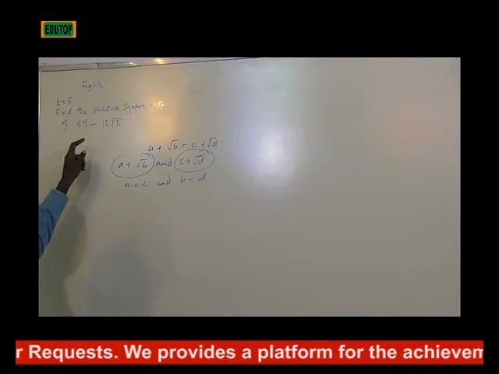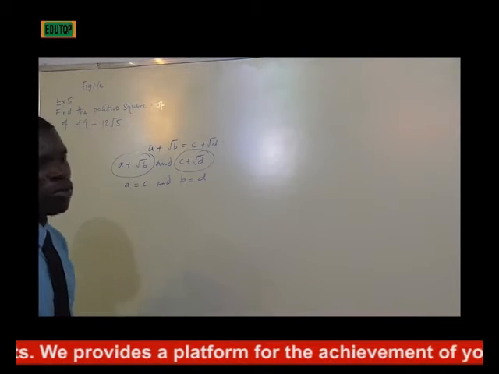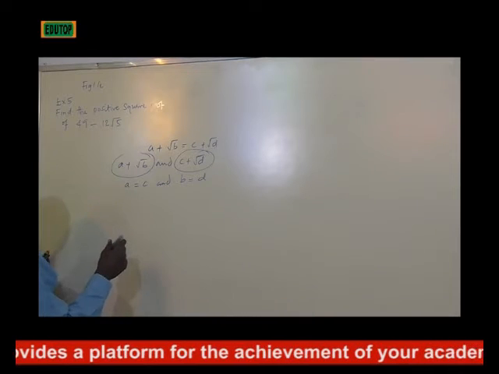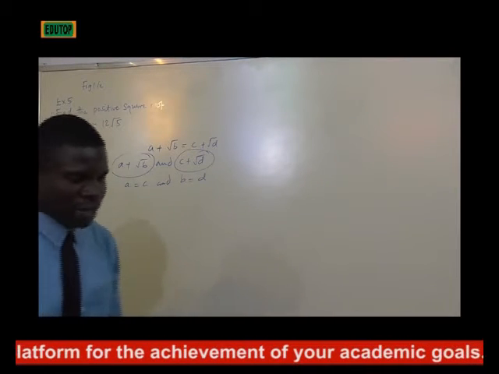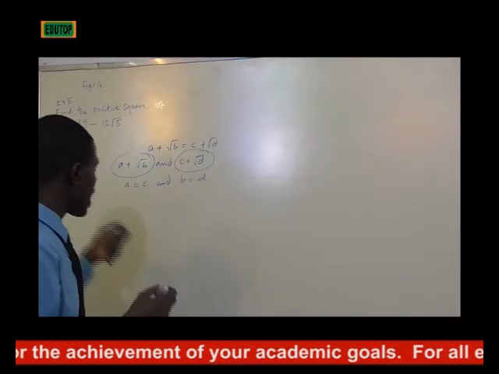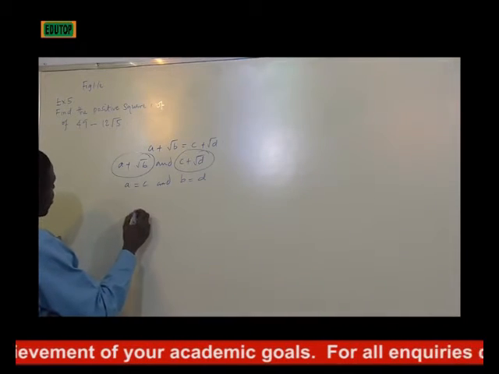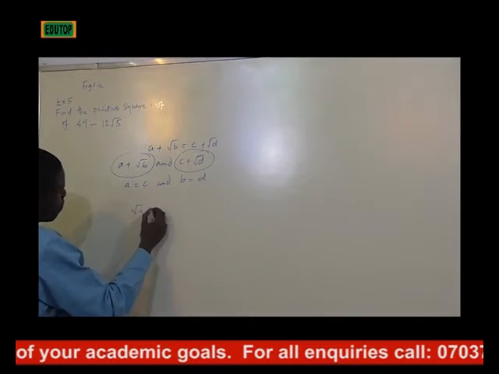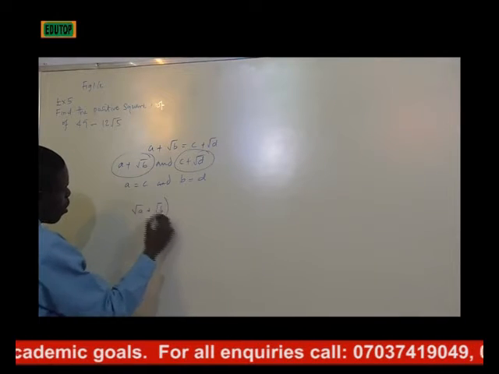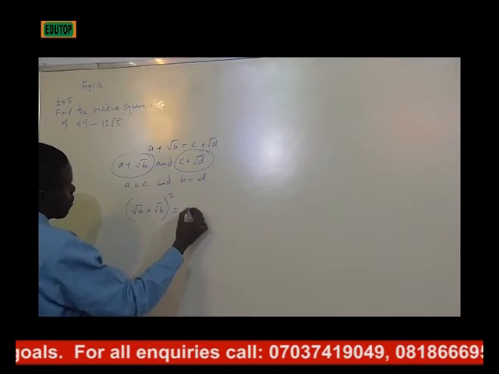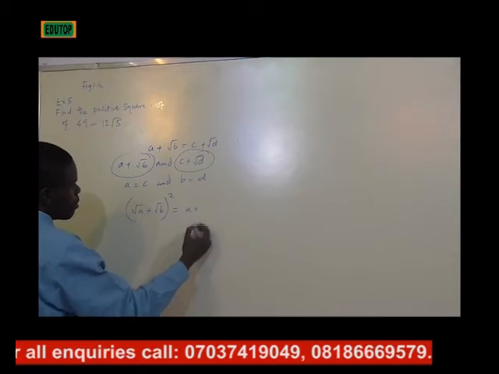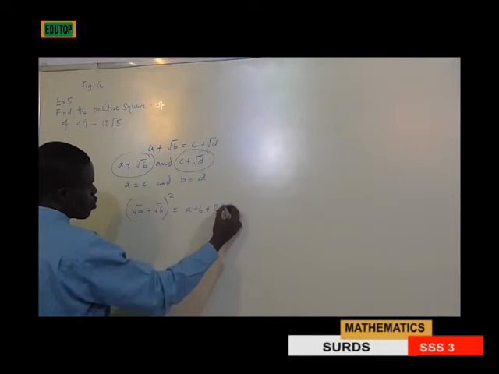So if you are asked to find the positive square root of this, we must understand that we have two scenarios. When you have root A plus root B all squared, we will have A plus B plus 2 root AB.